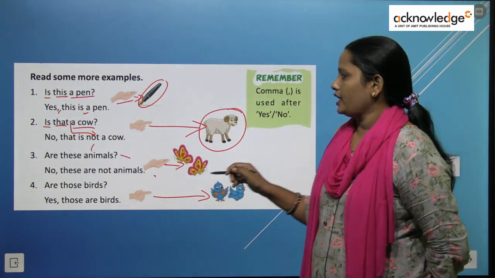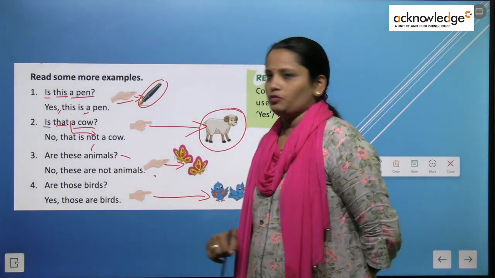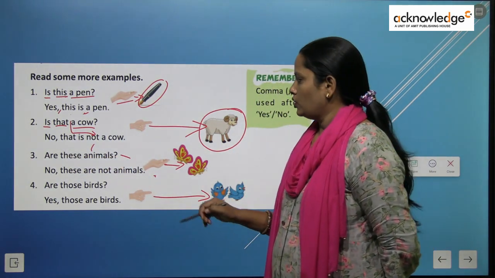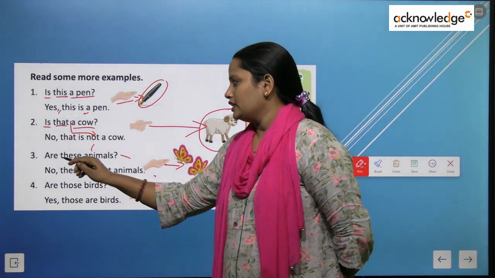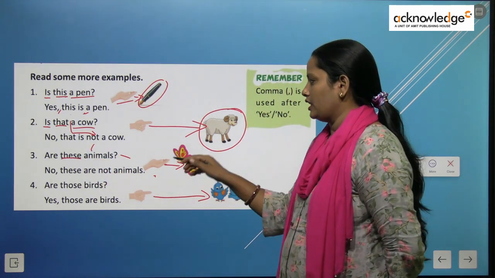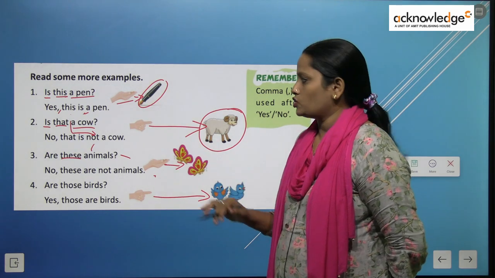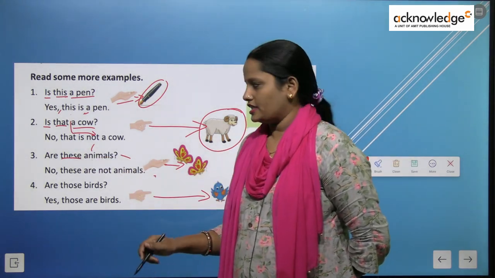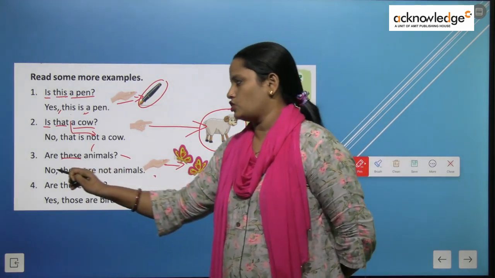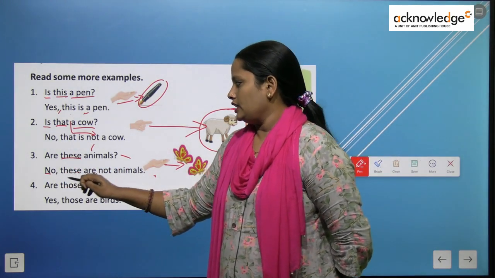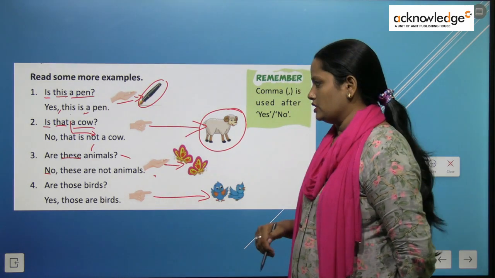Next, are these animals? Many animals are there. The question is, are these animals, meaning many animals, and they are near. So here we have written these, but these are not animals. So the answer is no, comma, these are not animals.